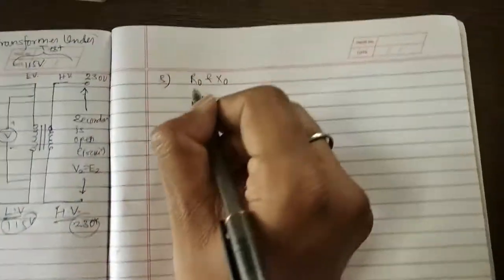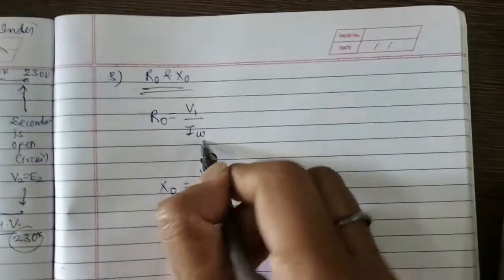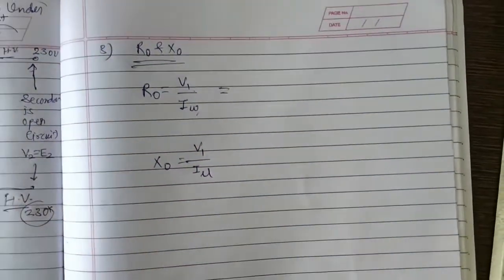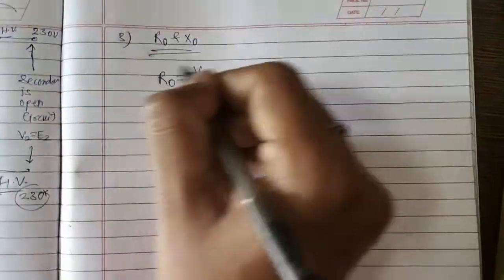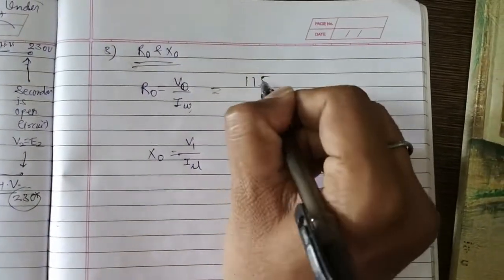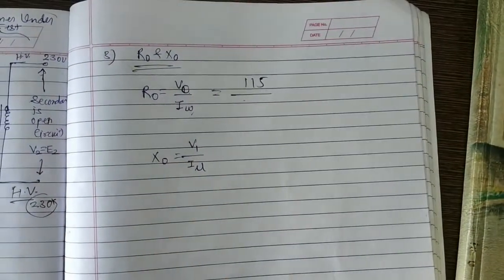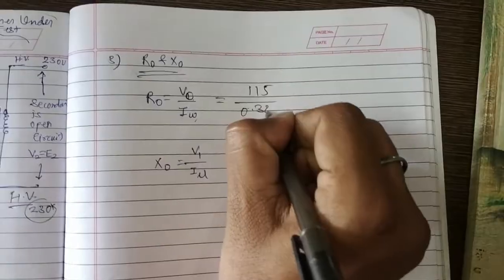Next we will calculate R naught and X naught. R naught is V naught upon I W. So V naught equals 115 upon I W, which we have calculated as 0.3826.